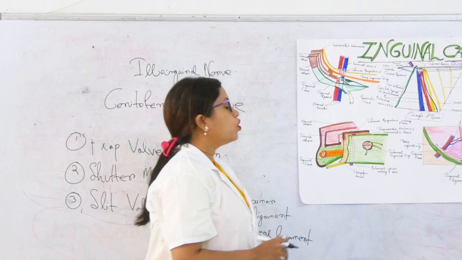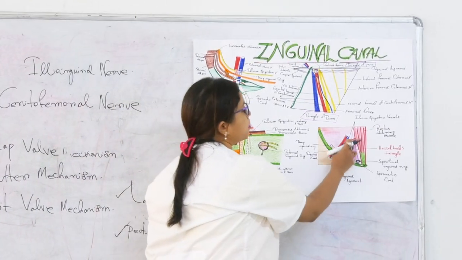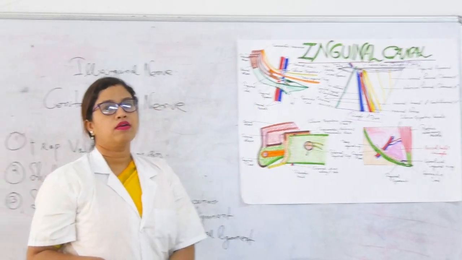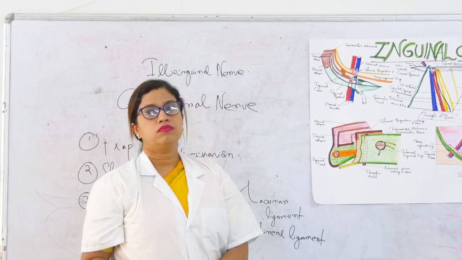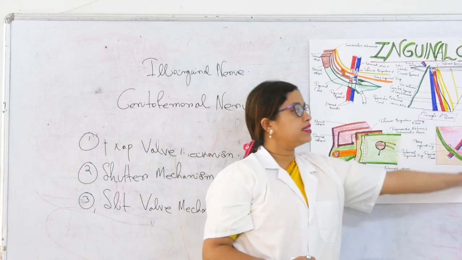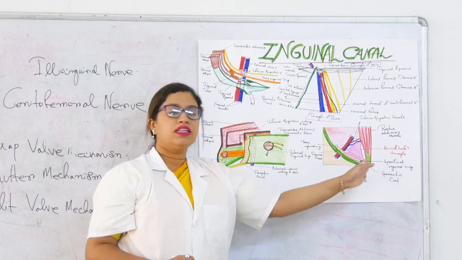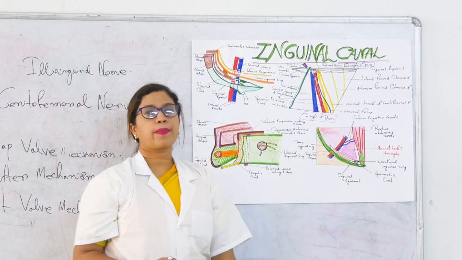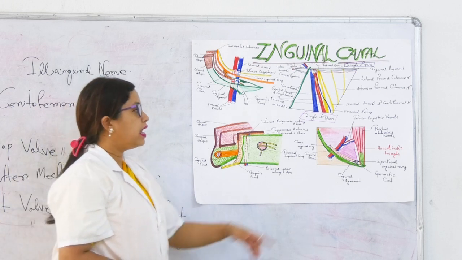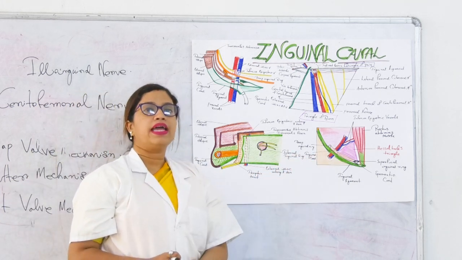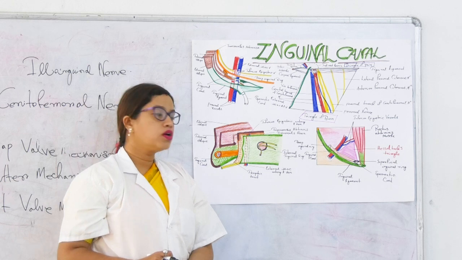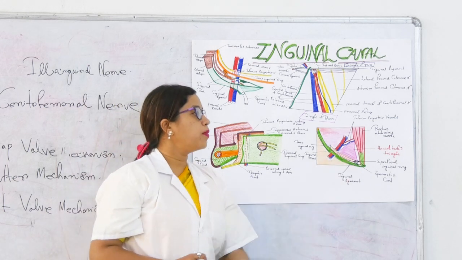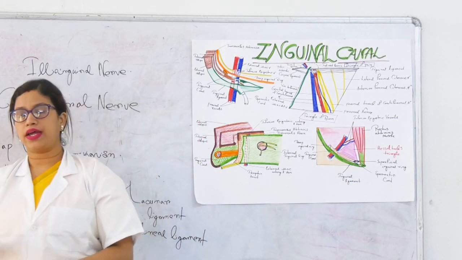So tell me, what are the boundaries of Hesselbach's triangle? The rectus abdominis is there, so this side is medial and this one is lateral. The medial boundary is formed by the rectus abdominis, the lateral boundary by the external iliac vessels, and the base by the inguinal canal. So just write it down.